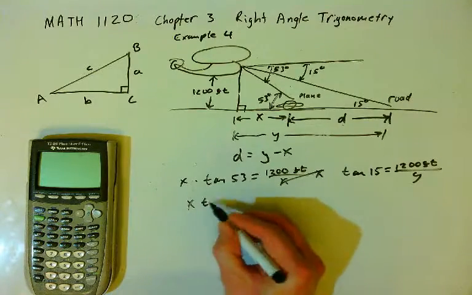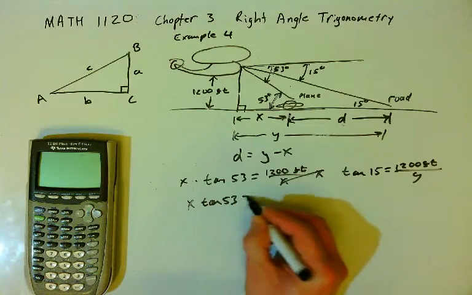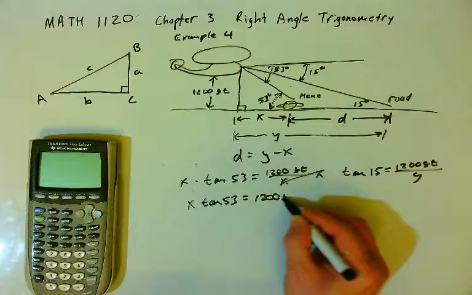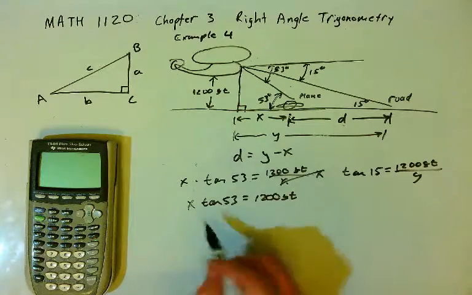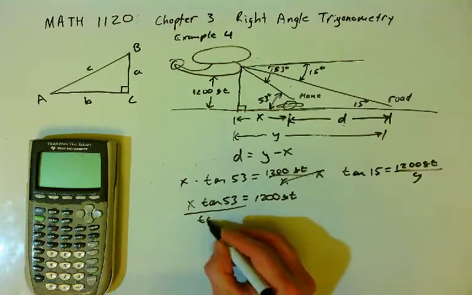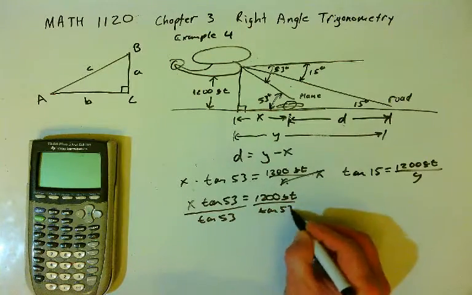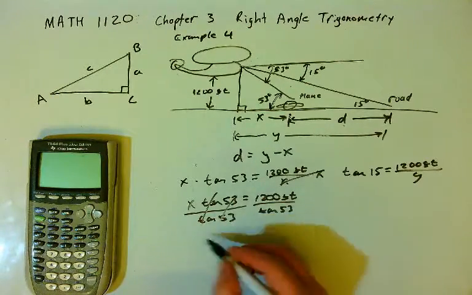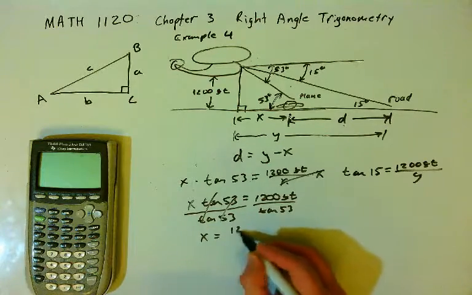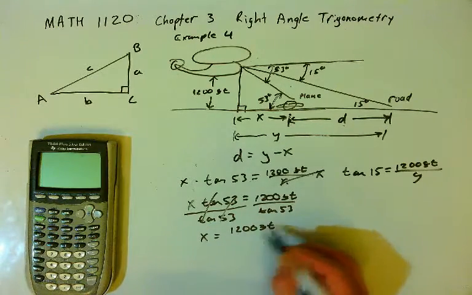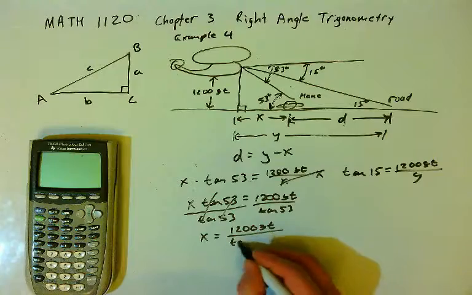We get x tangent 53 is equal to 1,200 feet. We want to solve for x, so we divide both sides by tangent 53. These cancel, and we get x is equal to 1,200 feet divided by the tangent of 53 degrees.